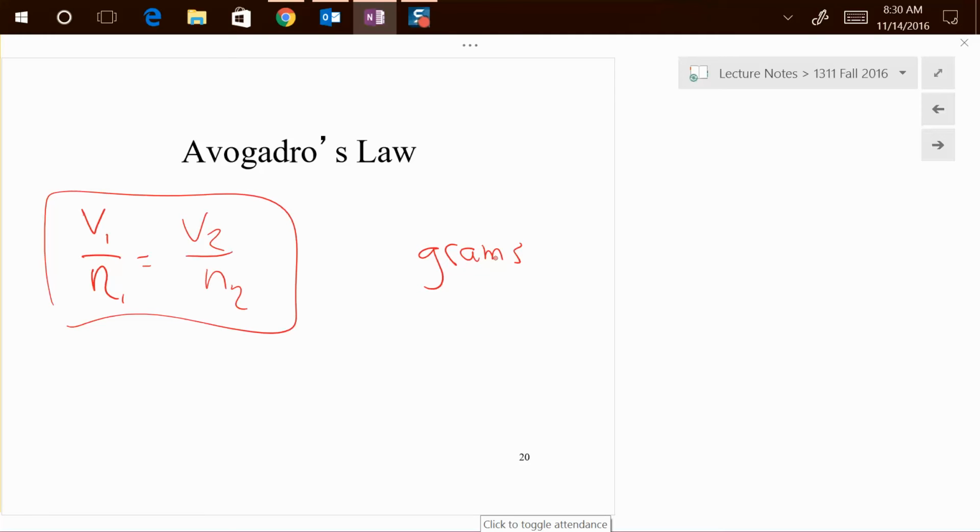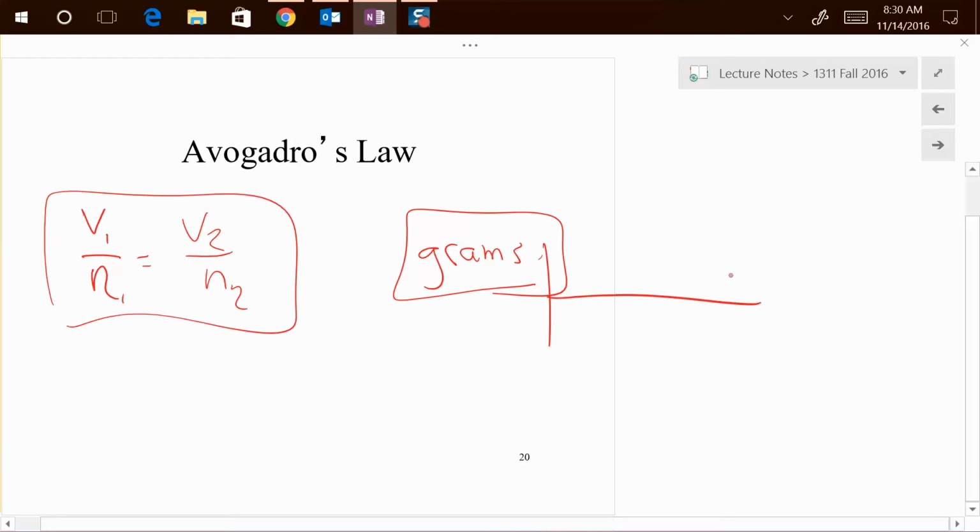Okay? What is the new volume if you add this many more grams of helium? Okay, so those kinds of things. That's kind of what you would be dealing with in Avogadro's law. So we would solve in the same way. You just simply need to make sure you're using it in moles. So you'd have to convert from grams to moles. Okay? That would be the main thing.